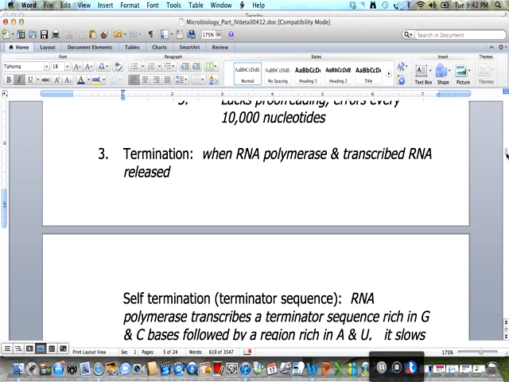This will actually slow down the transcription. This allows the formation of a stem and loop structure to put tension on the structure and then pull off the adenine-rich area.